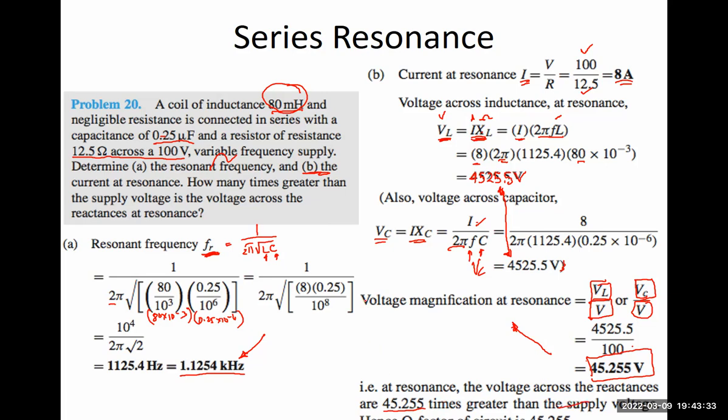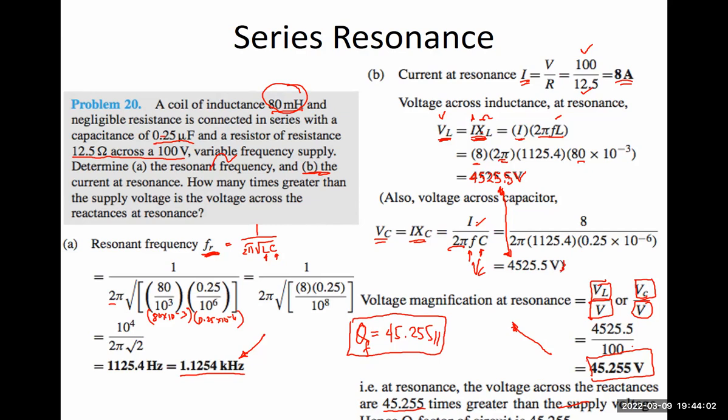So, hence, the Q factor now of the circuit would be equal to 45.255. Okay. So this is now our Q factor. Can you follow? Can you still follow? Yes, sir. Okay. So very good.